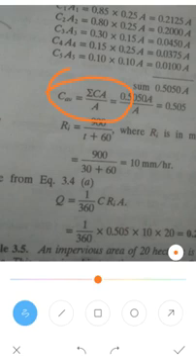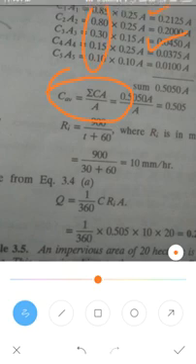If they have given 25% you have to take 0.25A. If they have given 15% you have to take 0.15A. If they have given 10% it means 0.10A. Like that you write it with the respective runoff coefficient, whatever runoff coefficient they have given: 0.85, 0.80, 0.30, 0.15, 0.10, like that.